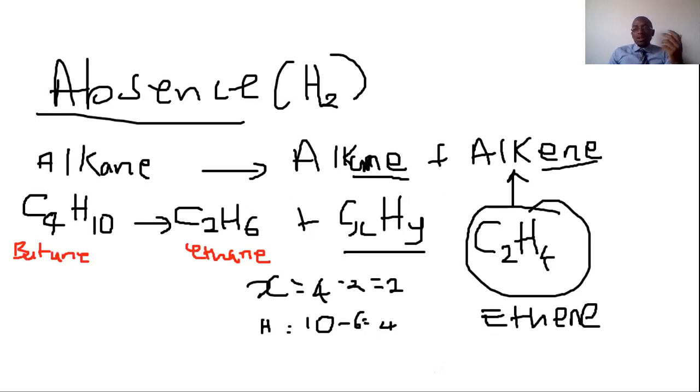So basically, those are the two types of cracking: in the presence of hydrogen and in the absence of hydrogen. Just to get back to the slide, that is what was being demonstrated in the slides.